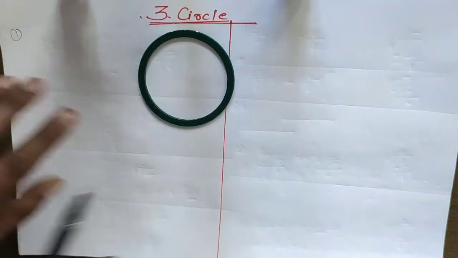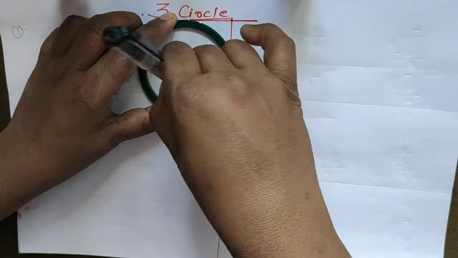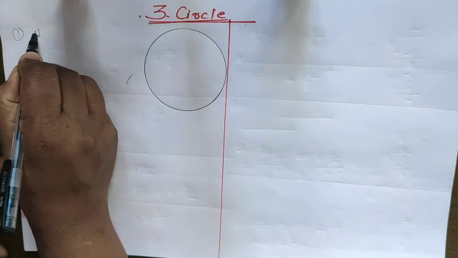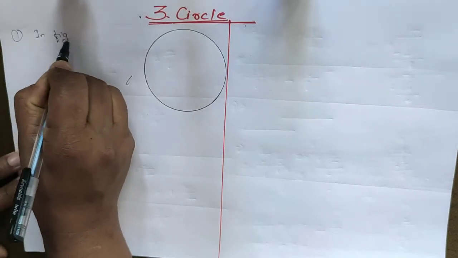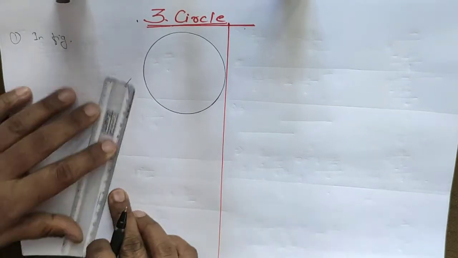This circle is there. Okay, this is your circle. So the question is, in this figure, here is triangle LMN given.